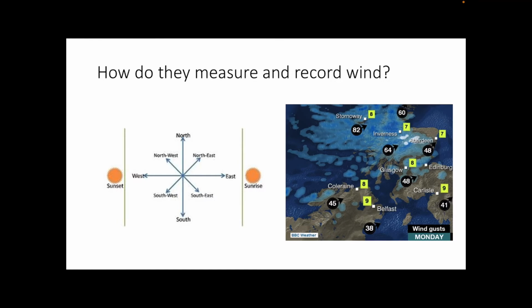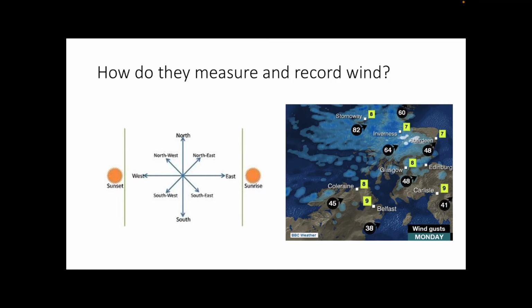So you might sometimes hear the weather reporter say there's easterly winds coming from such and such, or a northwesterly wind. So that's them talking about which direction it's coming from. And as I said, the number is the speed of the wind.